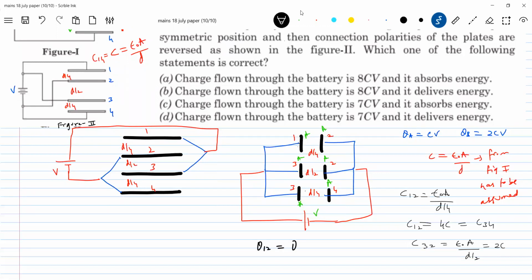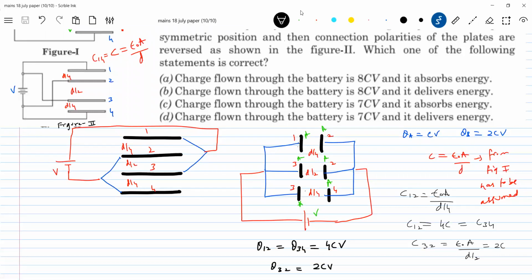Q12 is equal to Q34 is equal to 4 CV. Q32 should be equal to 2 CV. Q32 again, Q34 is there. 4 plus 4, 10. Earlier, how much it was? 6 CV. You have to add up all this charge here.